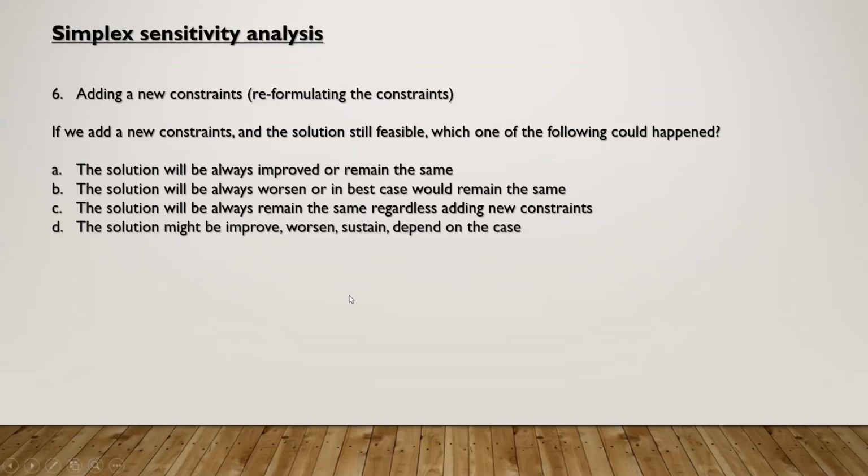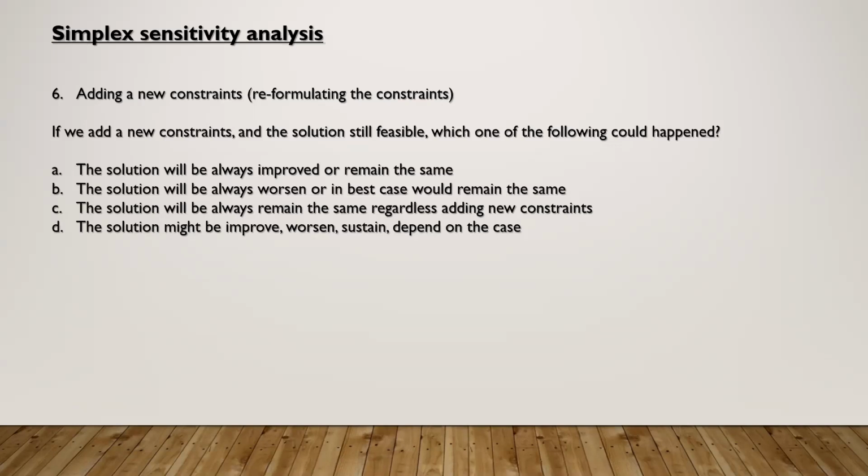Okay, so let's go to the sixth one. It's kind of tricky. Here's a bonus question. I want you to imagine, if we add a new constraint, let's say you are in a production line and you calculate the data set, you start your model with, let's say, 10 constraints, then you notice you forgot about the forklift.